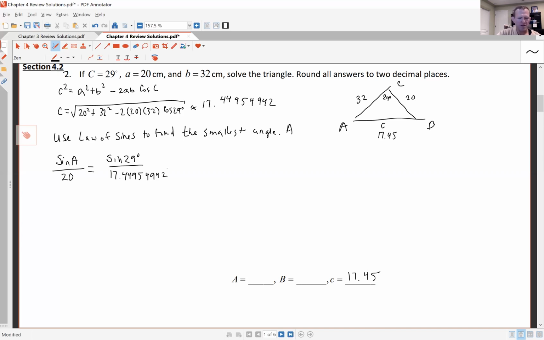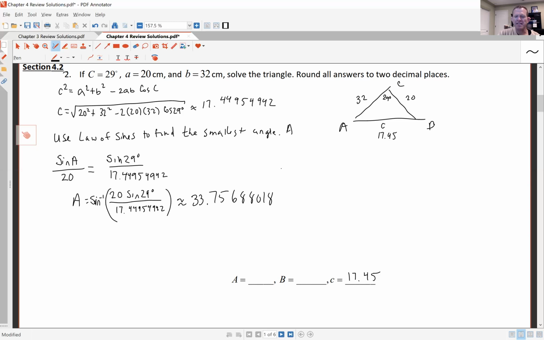Solving for A, we take 20 times the sine of 29 degrees divided by 17.44954942, and then take the inverse sine of that to find A. This gives us 33.75688018.